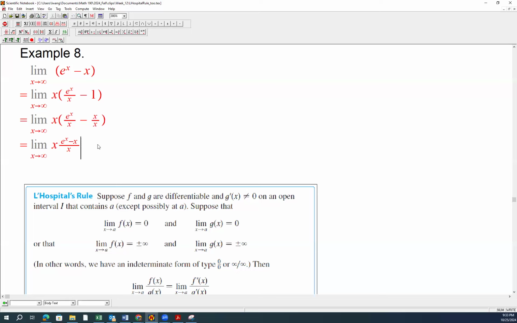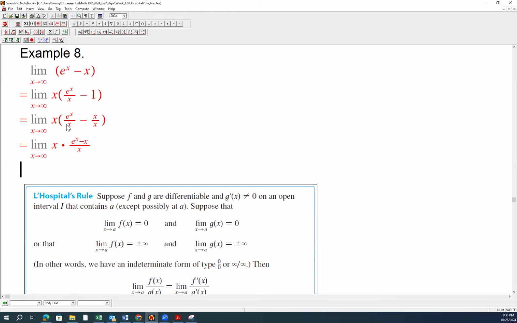So we basically have this form, x multiplied by e to the power x minus x, divided by x. Okay?